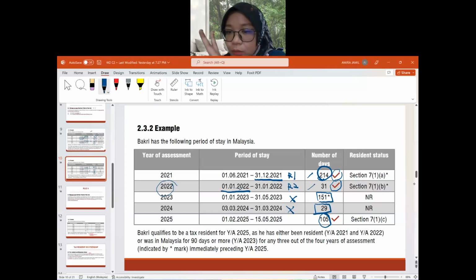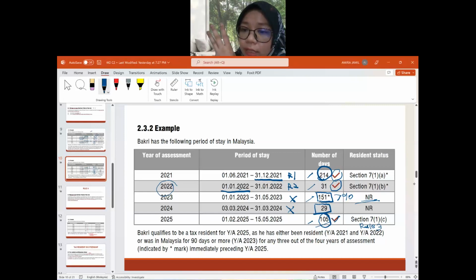And then although this one is not a resident, it is more than 90 days, so it can be considered as rule number 3. So he is a tax resident under rule number 3.